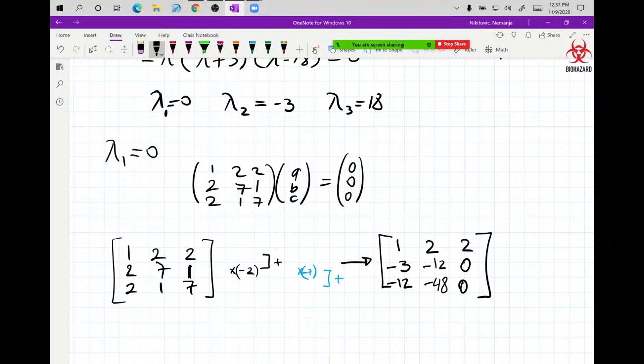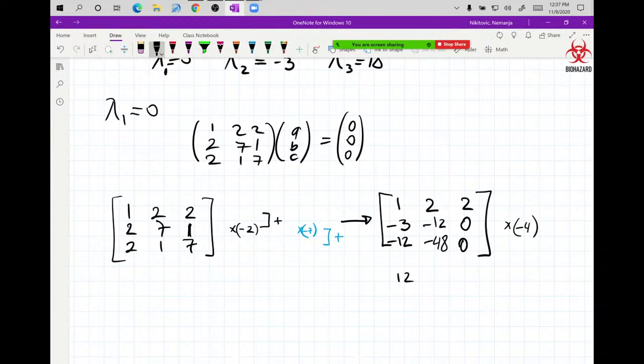There we go. So now we have all of these ends over here to be 0. All I need to do is to make a 0 here, but I think you already see that if you multiply this row by -4, you get the same as the bottom row, so they all subtract to 0. Right? So if you multiply that row, you get 12, 48, 0, and then -12, -48, and 0. And when you add them, you get 0, 0, 0.